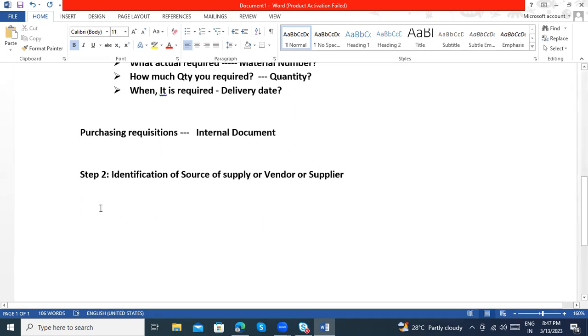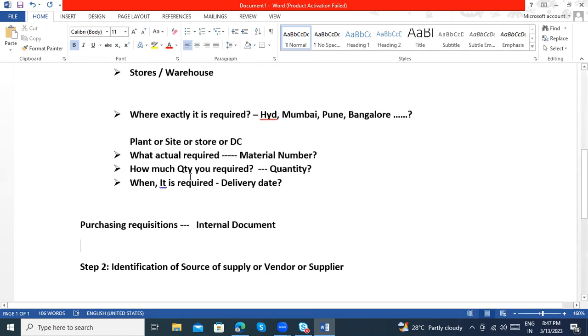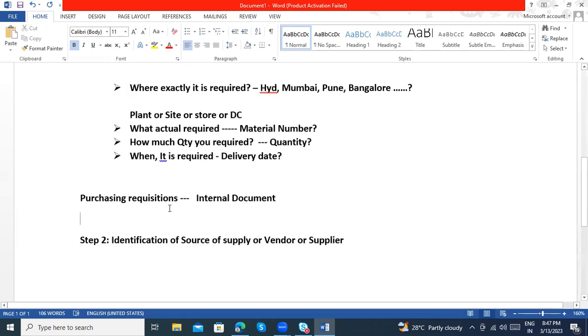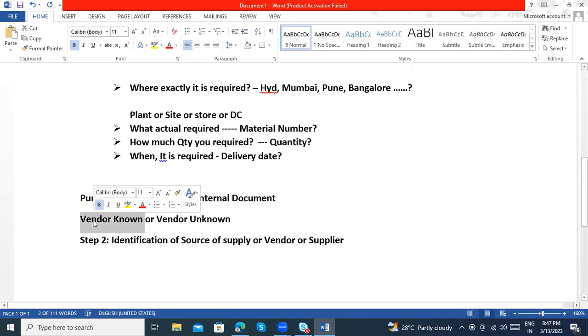We'll raise quotations, sir, so that if any vendor has that goods or material, they will reply. Yes. So here there are two cases: vendor known or vendor unknown. Vendor known means the supplier is my regular vendor for this product.